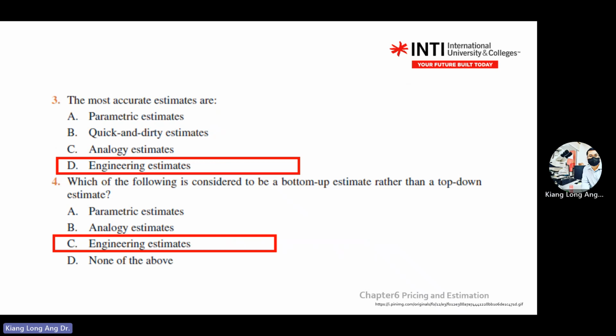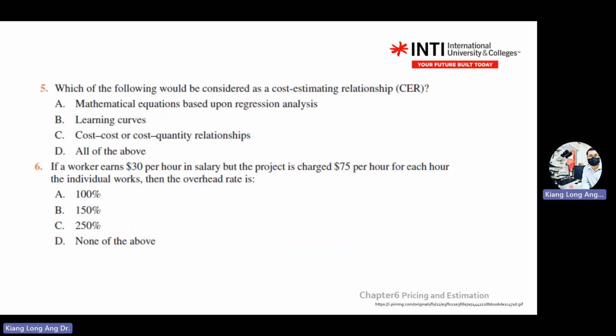Okay. Number 5, which of the following would be considered as a cost estimating relationship, CER? Mathematical equation, learning curve, cost quality relationship, or all of the above? What do you think? You can find the relationship between the cost.